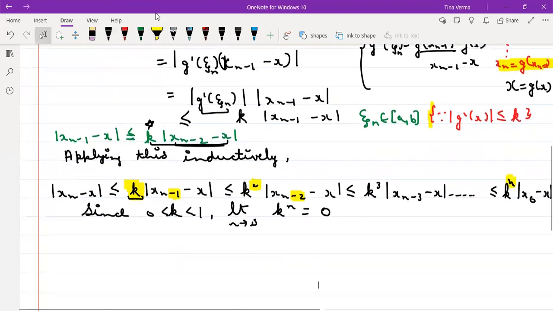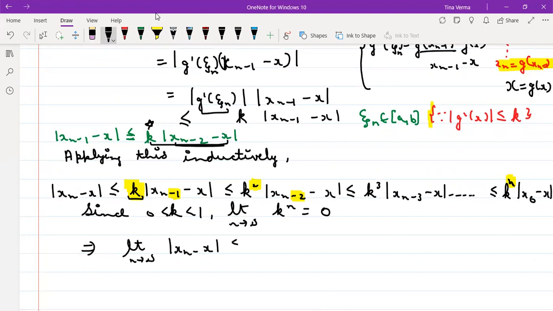That means for this sequence you are considering, if you take the limit on both sides, because the limit of k raised to the power n is 0, the whole quantity will be 0.